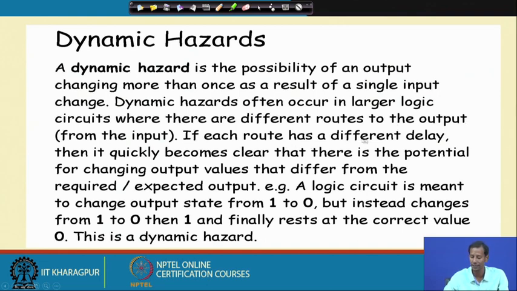If each route has a different delay, then it quickly becomes clear that there is the potential for changing output values that differ from the required or expected output. As an example, a logic circuit is meant to change output state from 1 to 0, but instead changes from 1 to 0, then 1, and finally rests at the correct value of 0. This is a dynamic hazard.